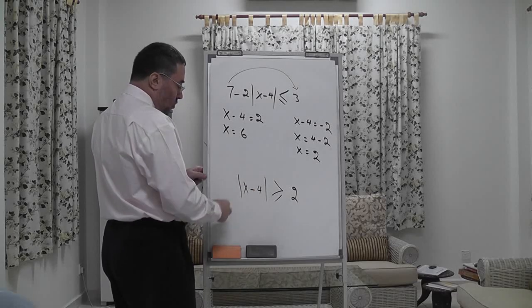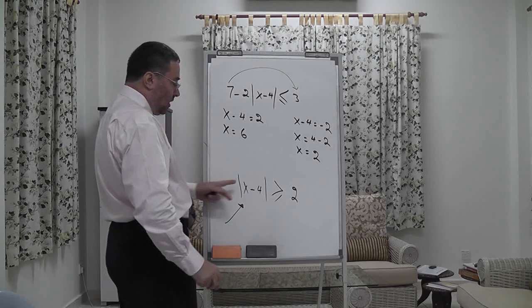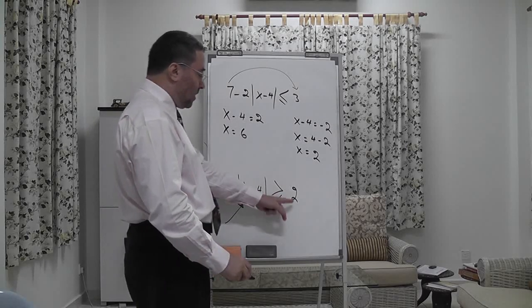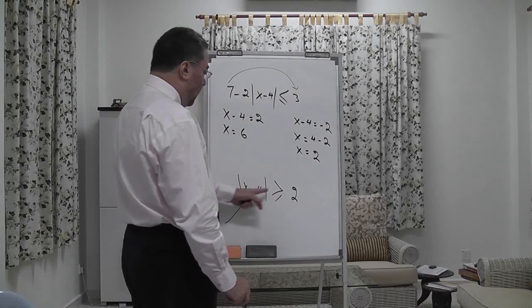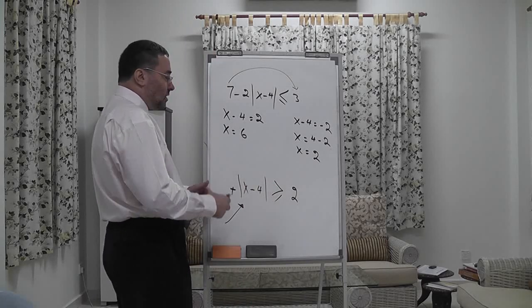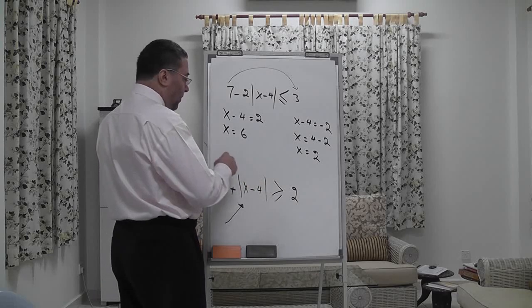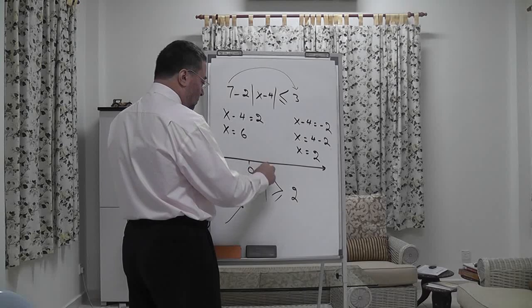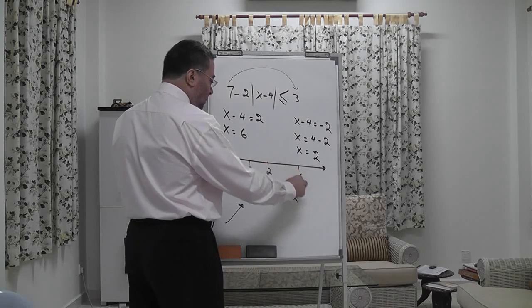Since we are solving this inequality, and here we have an absolute value, a positive one, more than 2, and we are looking at this sign, more than, then our answer will be outside the roots. And we arrange the roots on the number line.